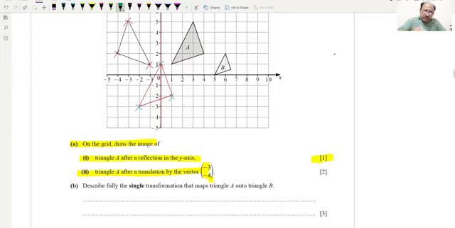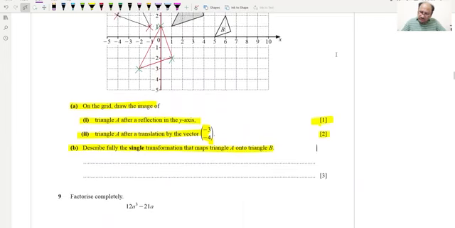So this is done. Then they are saying B part, describe fully the single transformation that maps triangle A onto B. So triangle A onto B, the previous part was 2 marks, so this is 3 marks.